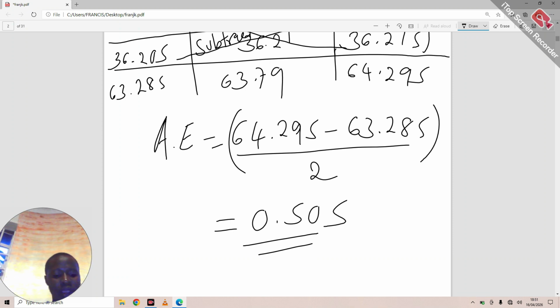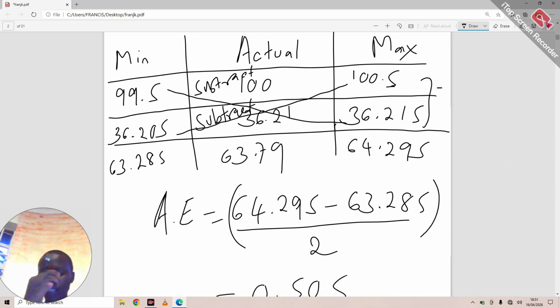So listen, under subtraction and division, what we've just tackled right now, the bigger number must come first for you to achieve your answer accurately. Remember, you cannot take 36.21, you subtract 200. That one will not make sense. Even though we are talking of something to do with the absolute when it comes to this topic, you have to be realistic when it comes to arrangement of your work.